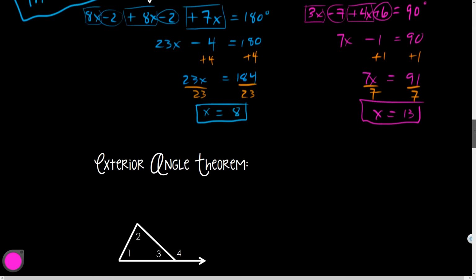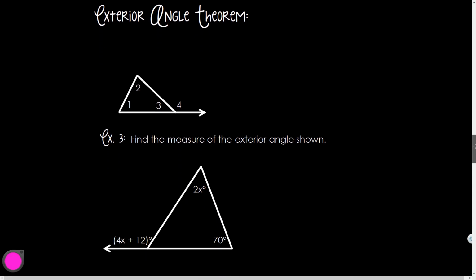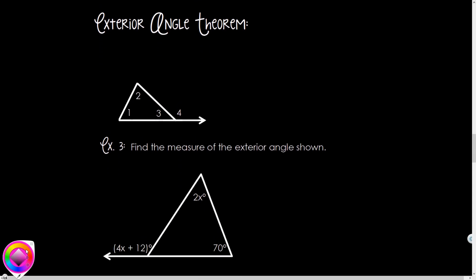Okay. So we also learned about exterior angles. I'll use the green right here. This angle 4 right here is an exterior angle. Notice it doesn't go all the way around to angle 3. It's like you extend one of those sides and we'll call that the exterior.